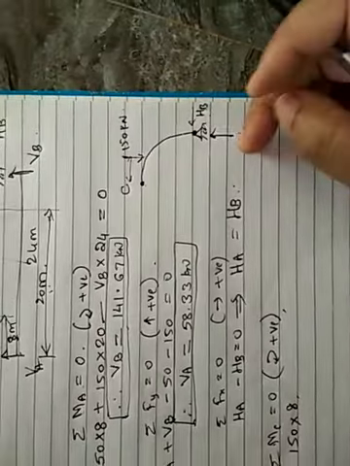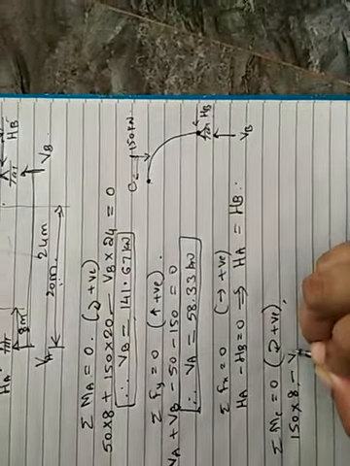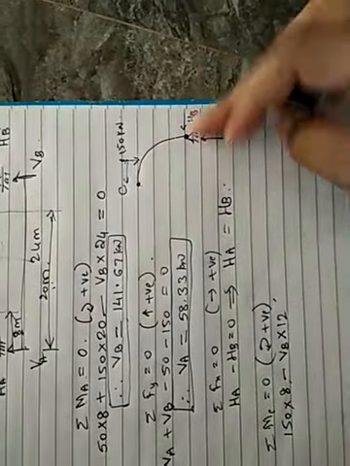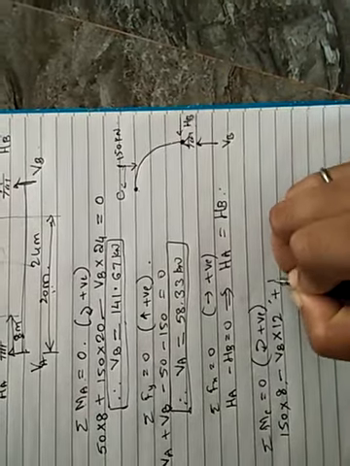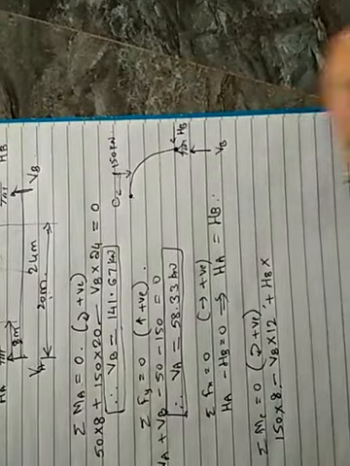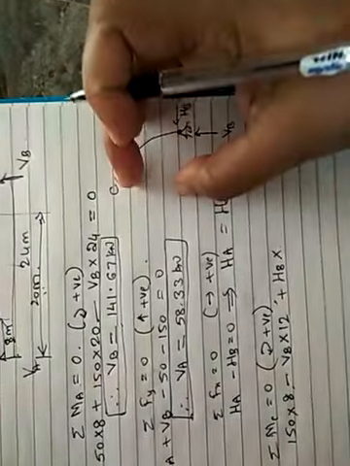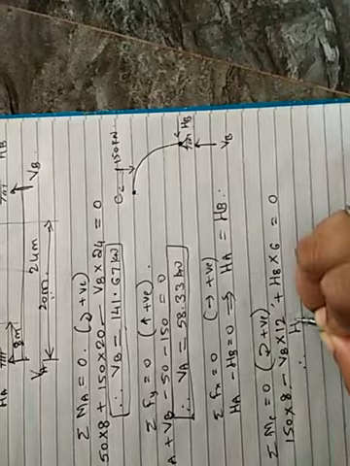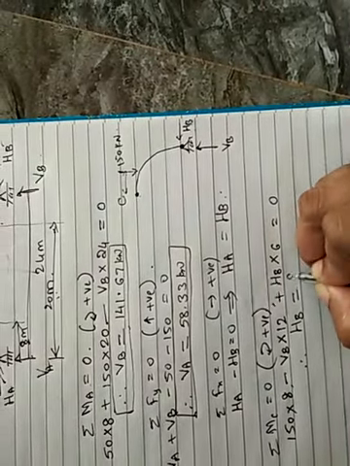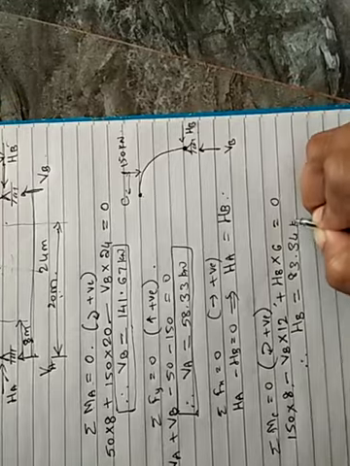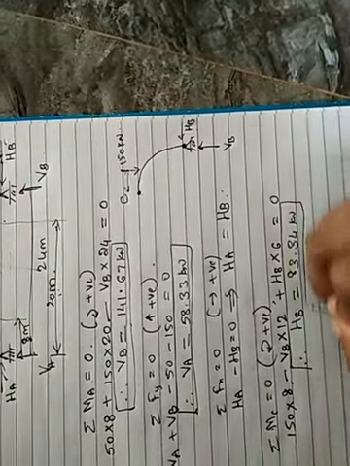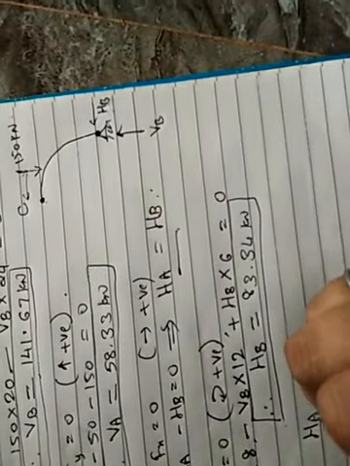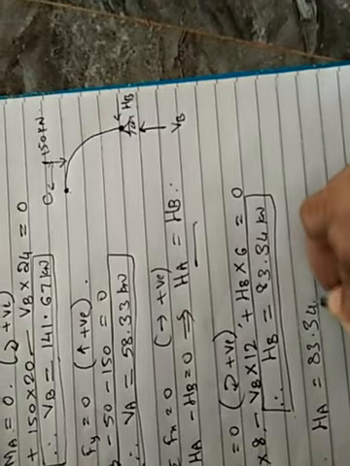And then VB is acting anti-clockwise, so minus VB into half of the distance, 12, and then again HB, which is clockwise, HB into height, the rise, this height is 6 meter, it's given, which is equal to 0. Therefore from this HB is equal to, when you calculate that, 83.34 kilonewton. So we know that HA is equal to HB, therefore HA is equal to 83.34 kilonewton.